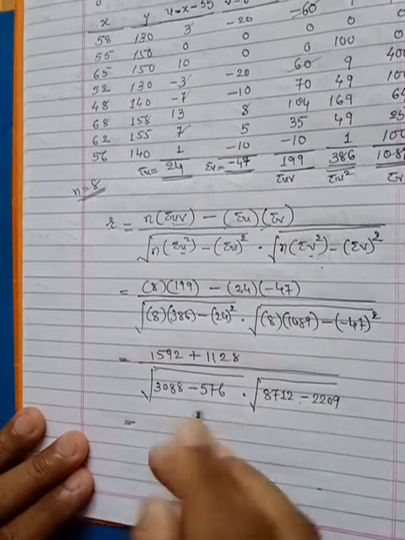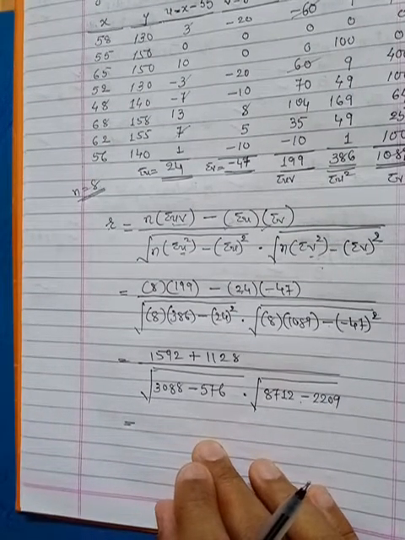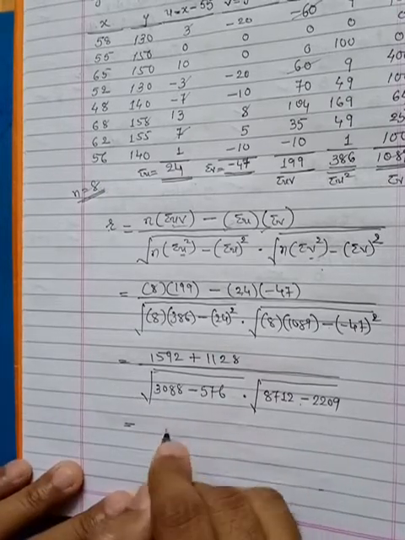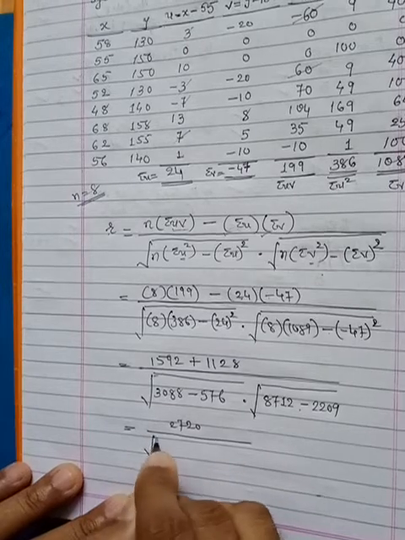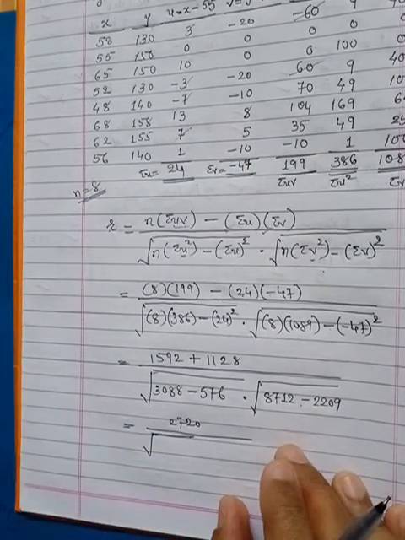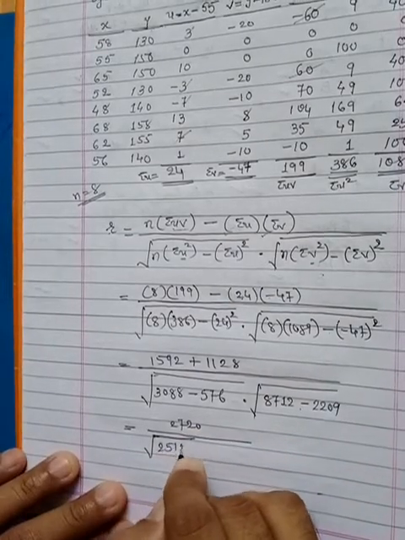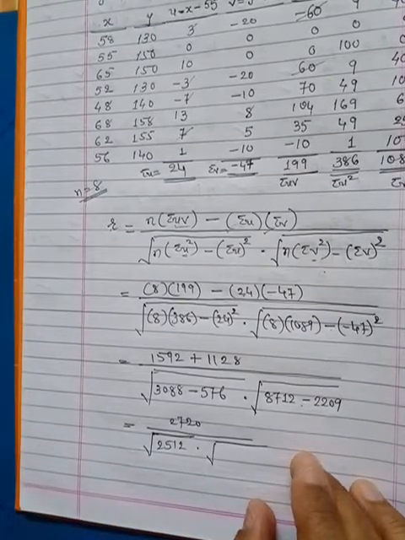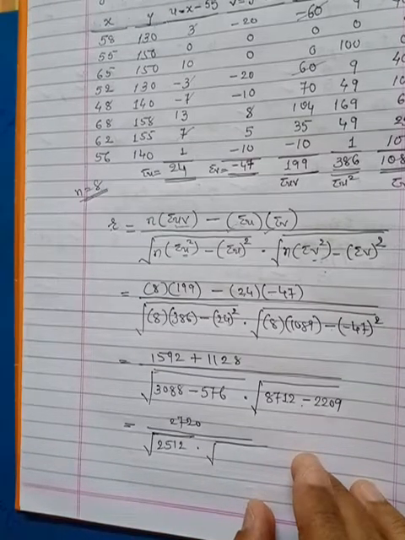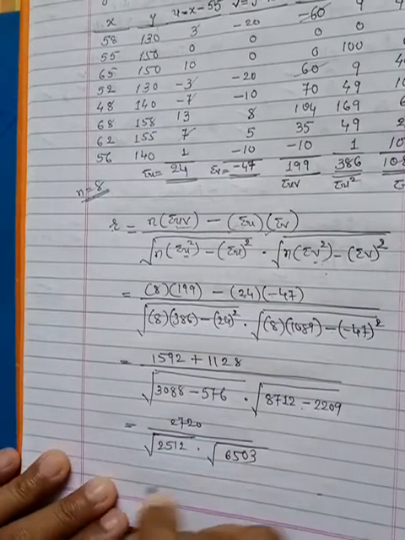Now go ahead. So 1592 plus 1128, which is 2720, divided by the first root, 3088 minus 576, that comes to 2512, into another root, 8712 minus 2209, that comes to 6503.